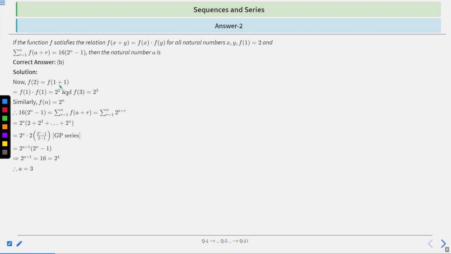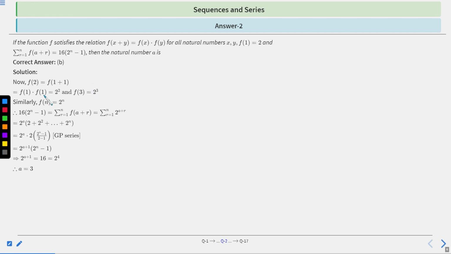Now, we know that f(2) can be written as f(1 plus 1), right? 2 can be written as 1 plus 1. Now, it is given that f(x plus y) is equal to f(x) into f(y). So f(1) into f(1) is basically 2 into 2, which is 2 square, right? Because f(1) is basically 2.